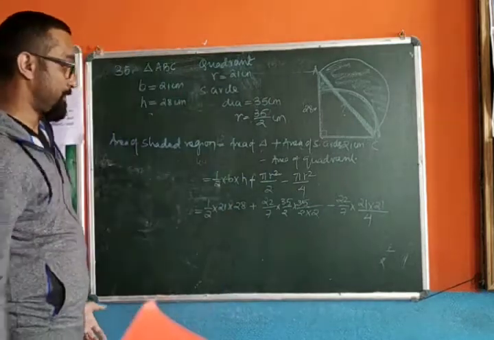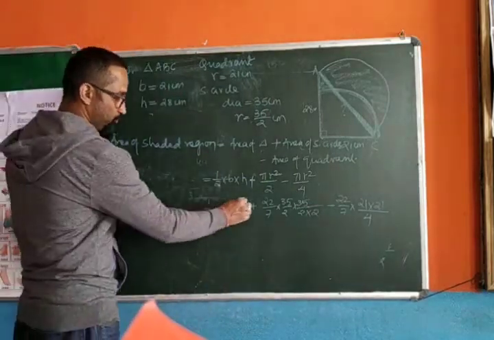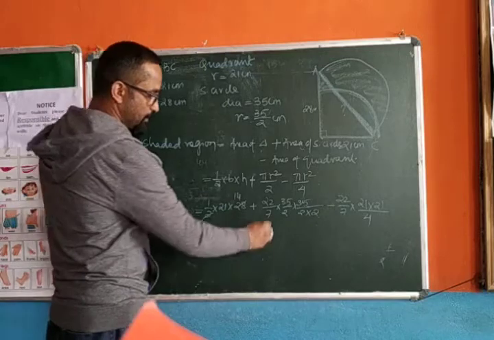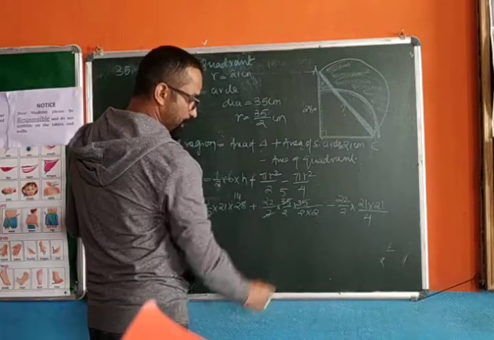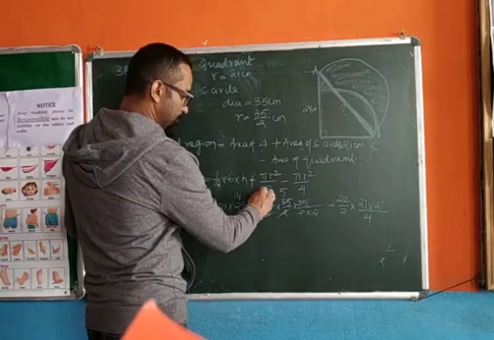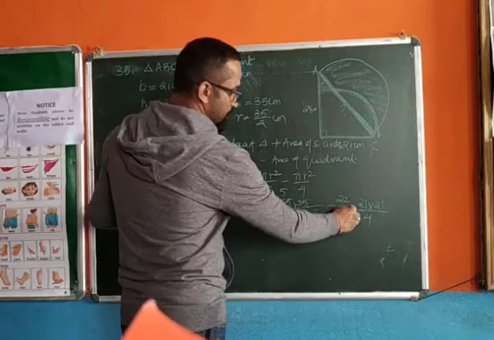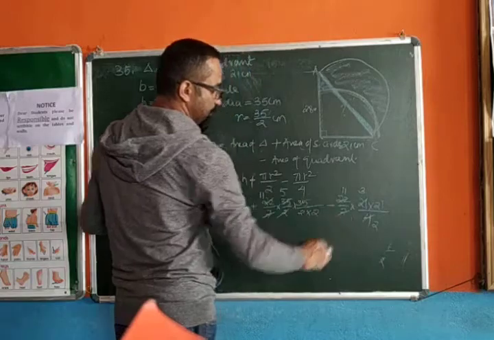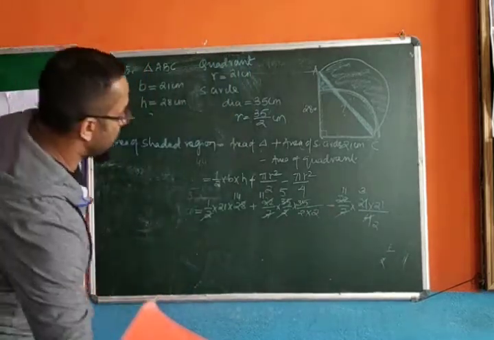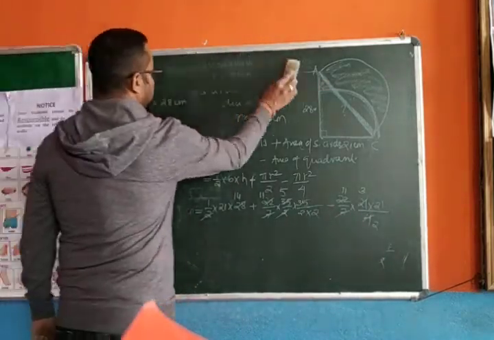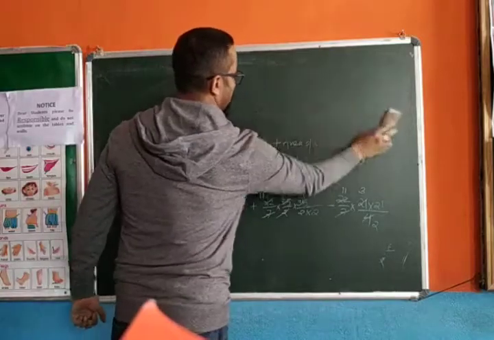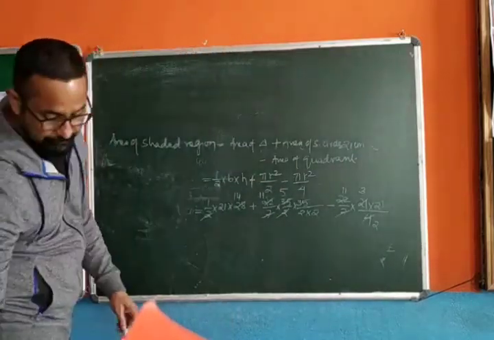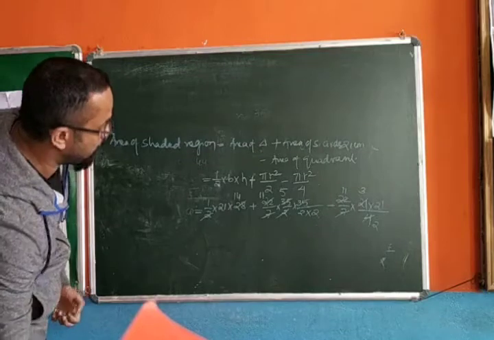These values should be simplified now. 2 14 times 28, 5 times 35, 11 times 7, 3 times 21. Write down the values which are left. Then proceed with multiplication.